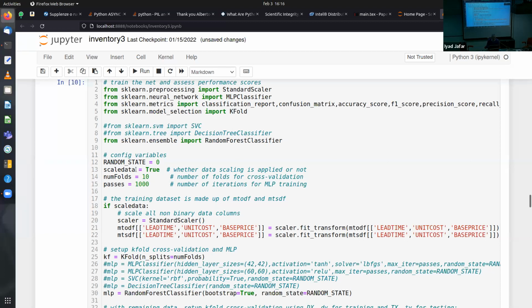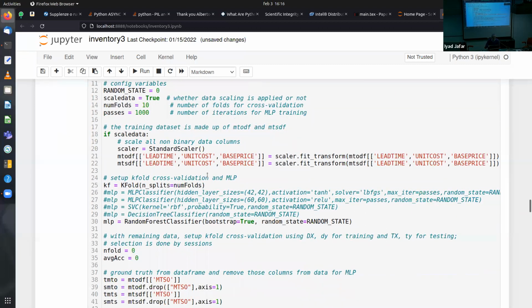I scaled the data. Scaling is important because we bring all the data to unit standard deviation and zero mean. In this case, I want to transform only the lead time, unit cost, and base price for both the data sets, so for tests and for MTO and MTS.